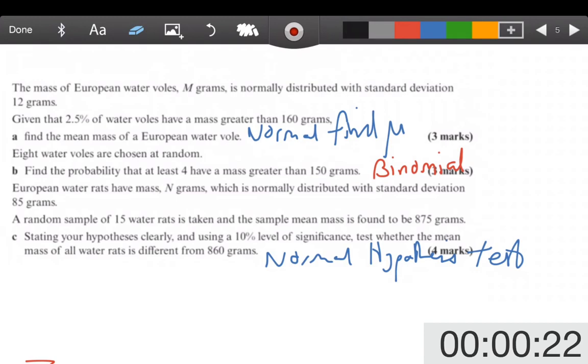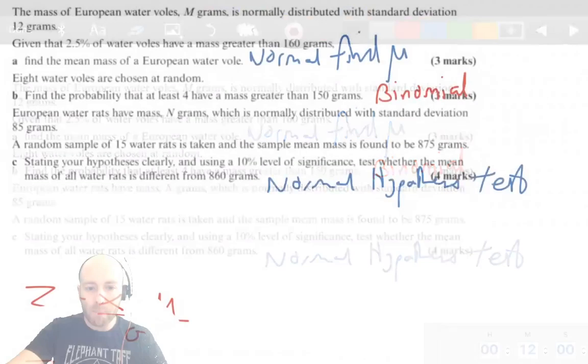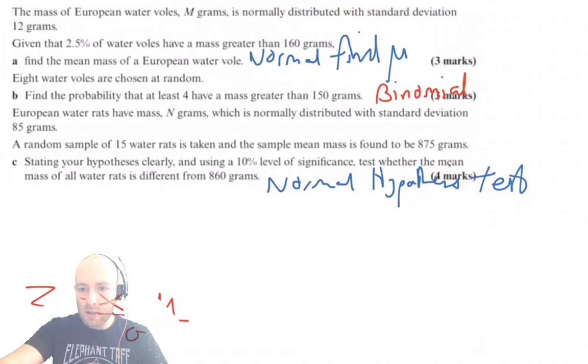Go into your table or your calculator to find Z. Remember, Z has a mean of 0 and standard deviation of 1, and you're uncoding Z to get back to find mu. Mu should be 136.48. Let's go through it then.